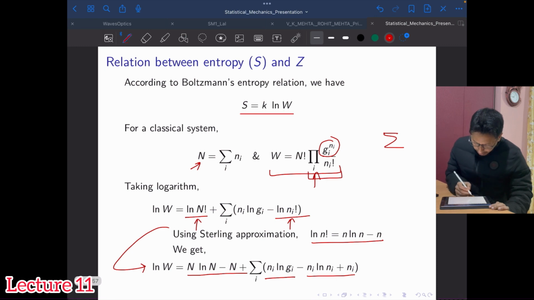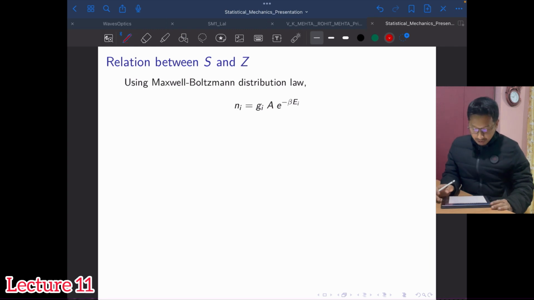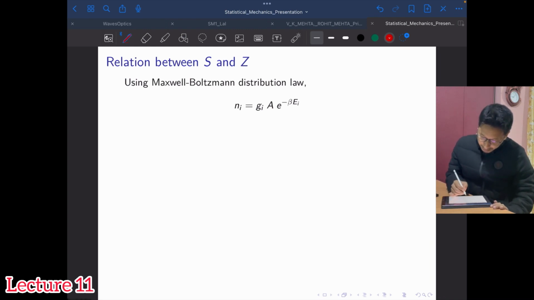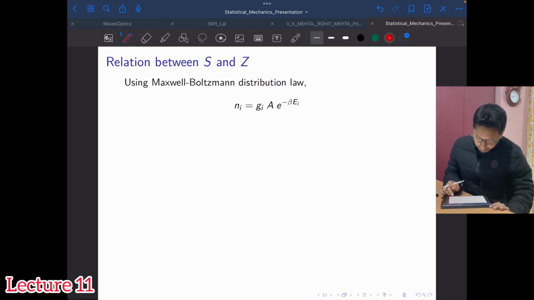All right, so if you take this, then again you substitute for this ni, using the Boltzmann distribution law, which we had discussed earlier as well. We have derived this expression in an earlier lecture, where this gi, as I said, represents the energy degeneracy.